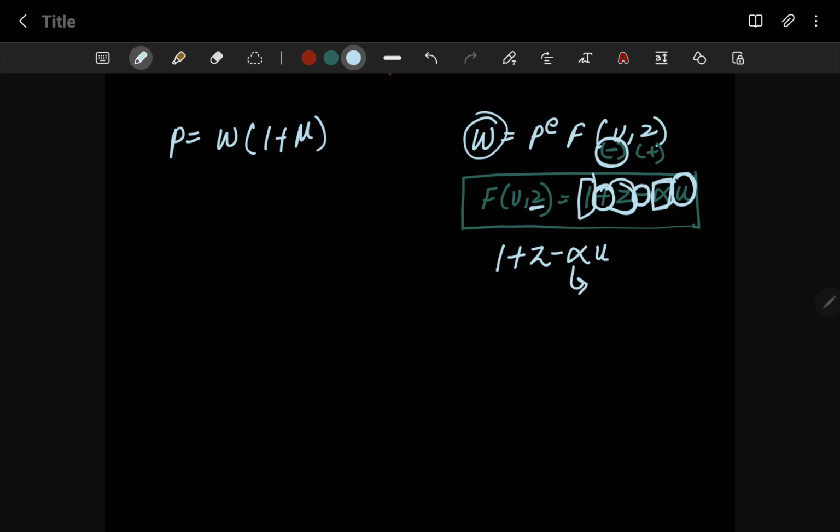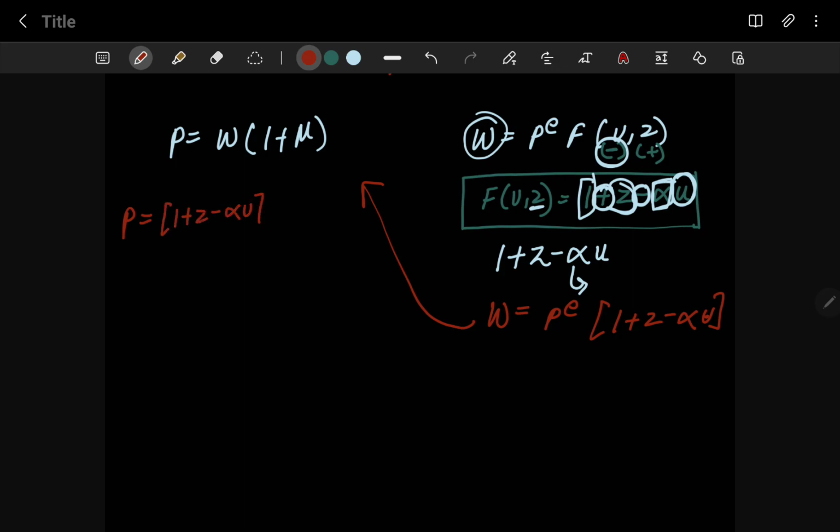Now if we substitute this value, W is equal to PE times 1 plus Z minus alpha U, and substituting into the price equation we get P equals PE times 1 plus Z minus alpha U times 1 plus mu.